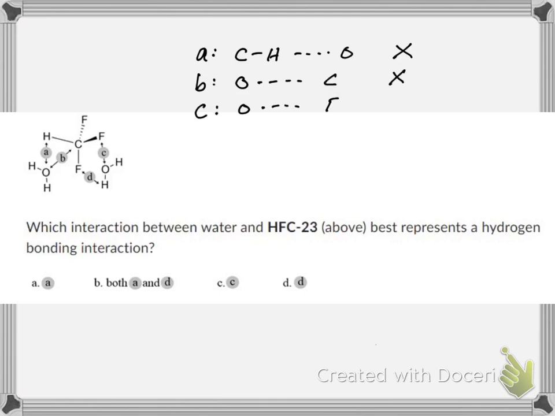C is oxygen interacting with fluorine, not a hydrogen bond. And D is fluorine interacting with an OH bond. Absolutely a hydrogen bond. So when we look at the different options, the best choice is D. A is not a hydrogen bond because the H is bonded to a C, and that does not form a hydrogen bond.